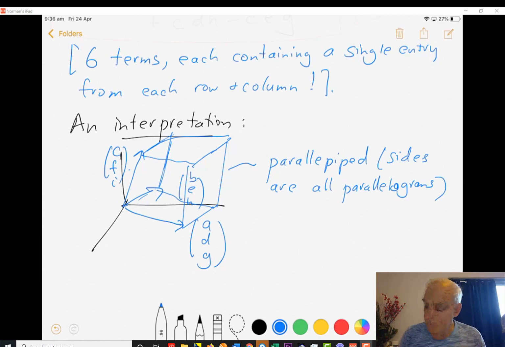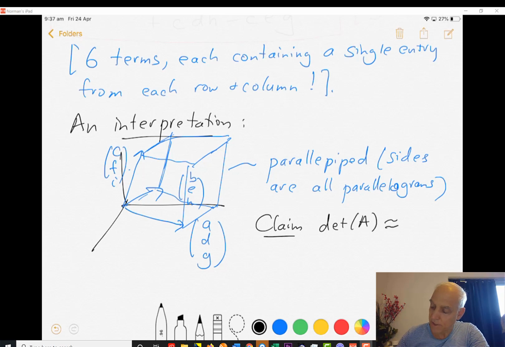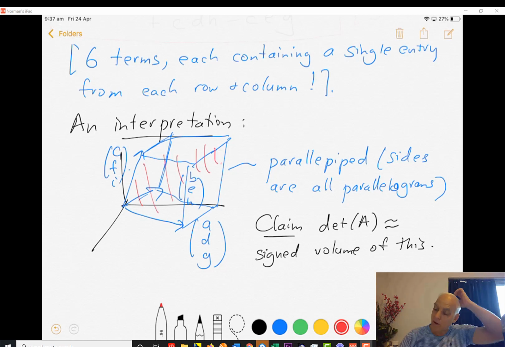And the claim is that the determinant of matrix A corresponds to the signed volume of this parallelepiped. In other words, we're talking about the 3-dimensional volume of this box with slanted sides determined by these 3 vectors.